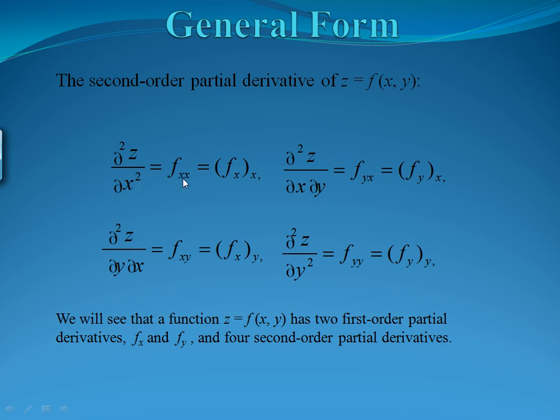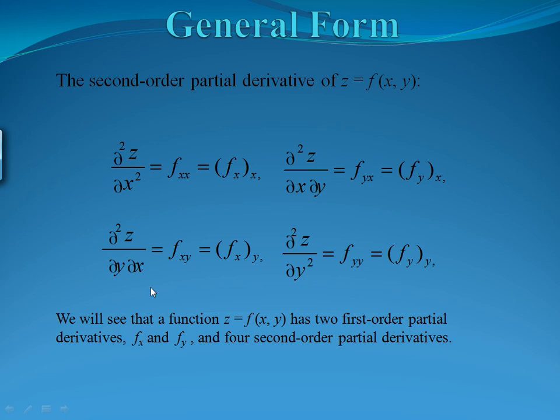So what this says is we're going to take the first partial derivative with respect to x and then again with respect to x. Over here, the partial derivative of z with respect to x and y says we're going to first take the partial derivative with respect to y and then with respect to x. So when you read this, you're starting on the right hand side and applying that way. So we apply the y first and then the x.